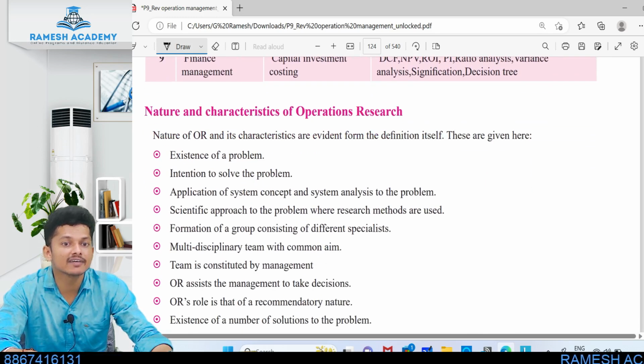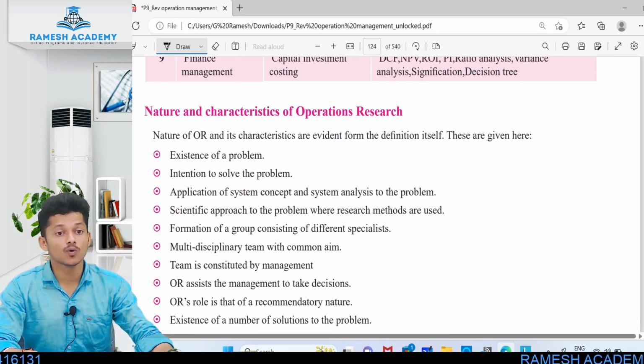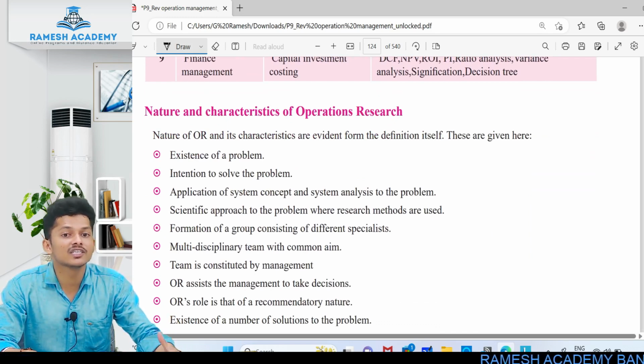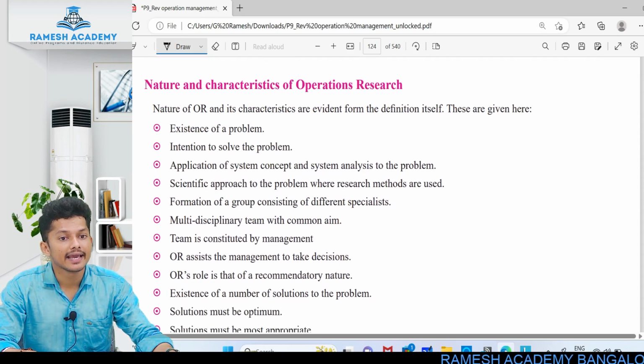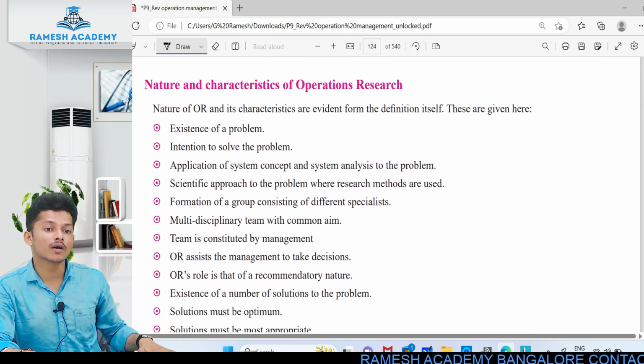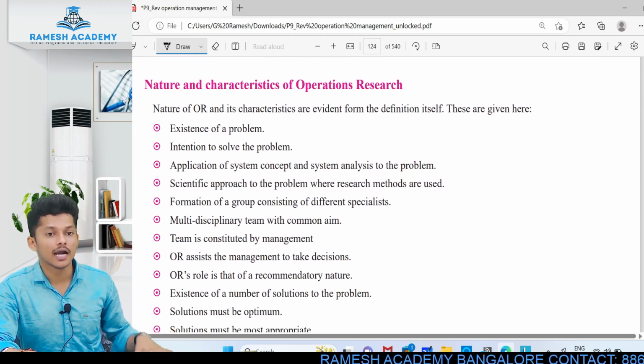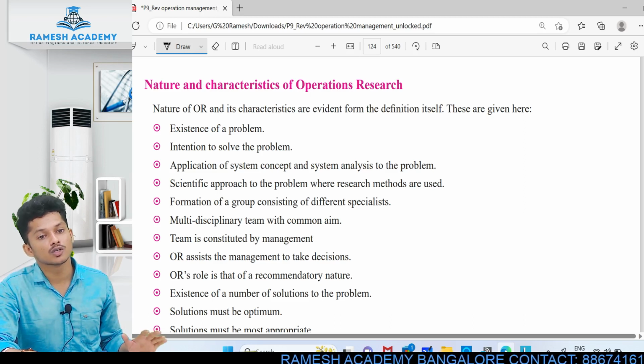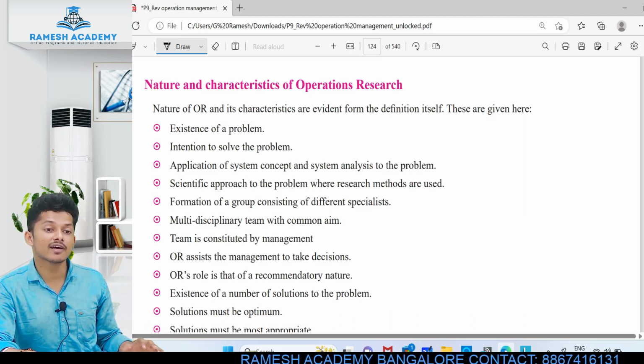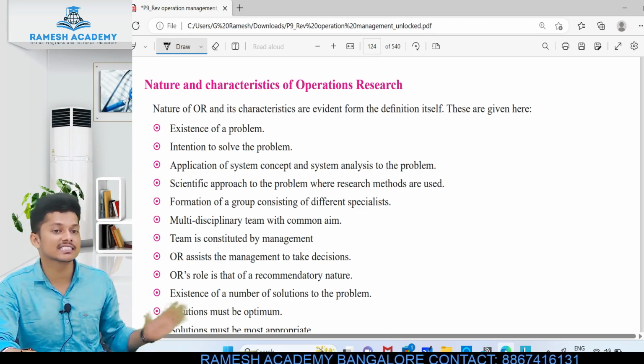Next, nature and features of operational research. Now, what is the nature and what are the features of this OR? See, existence of a problem. If you are considering OR, definitely a problem is there and you are going to find a solution for the problem, which is derived as the best solution by using various techniques.